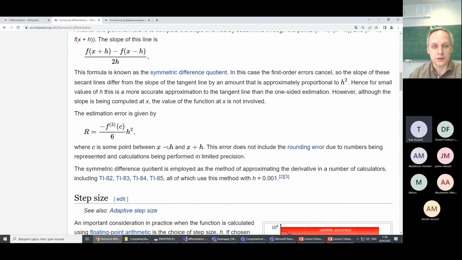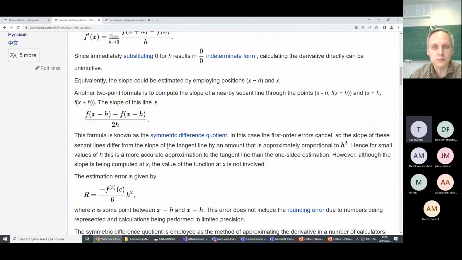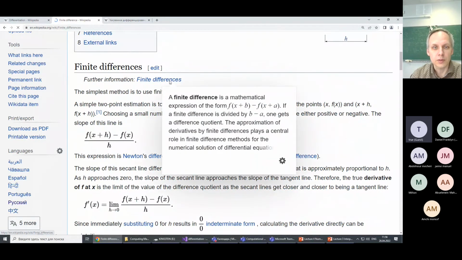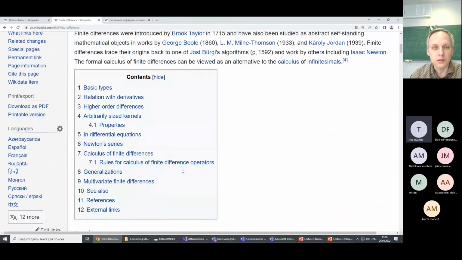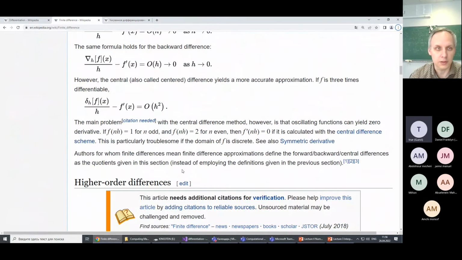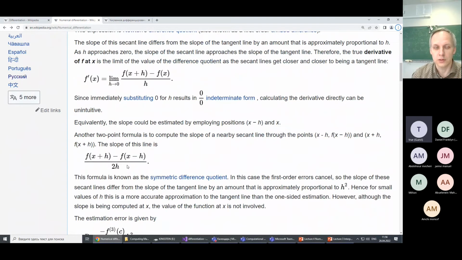You can find all of these formulas, the main formulas, here.